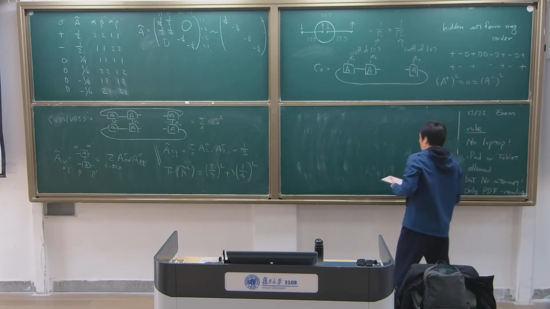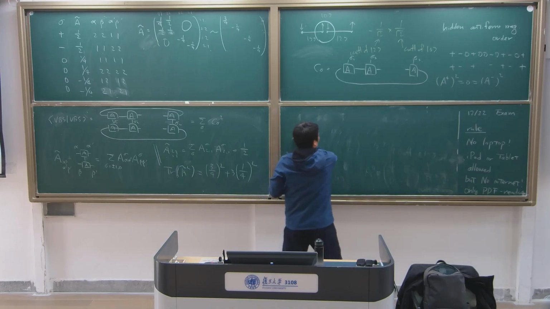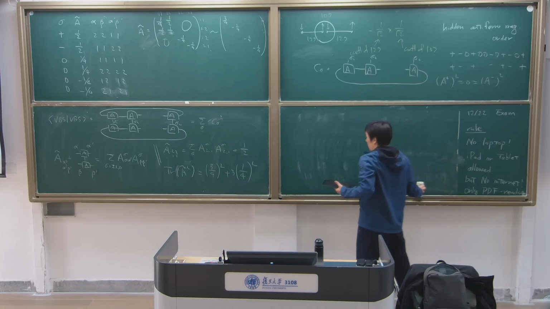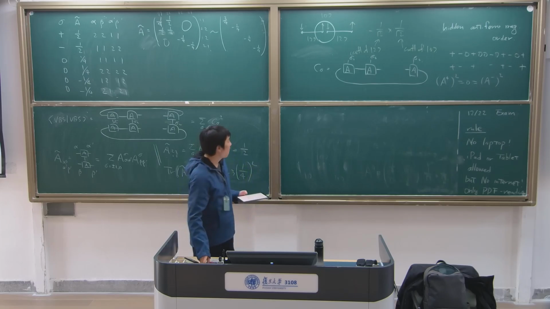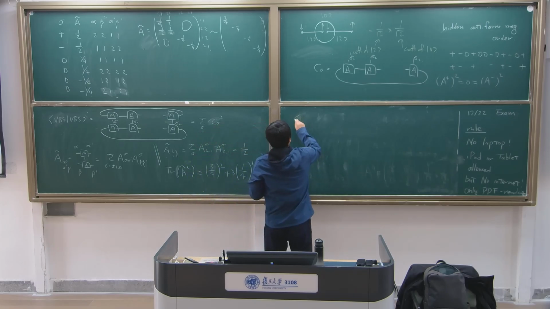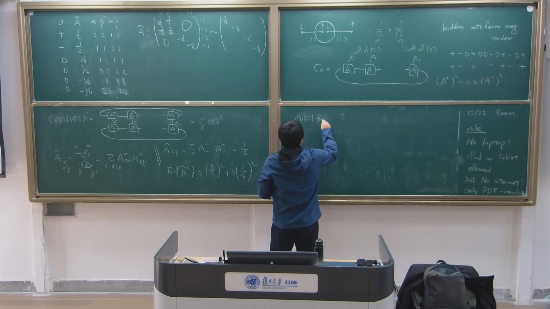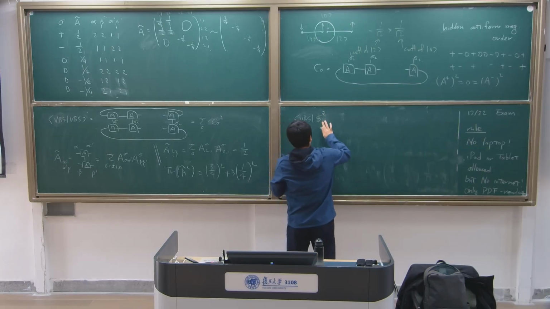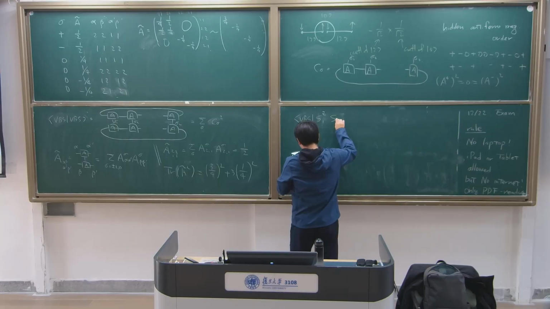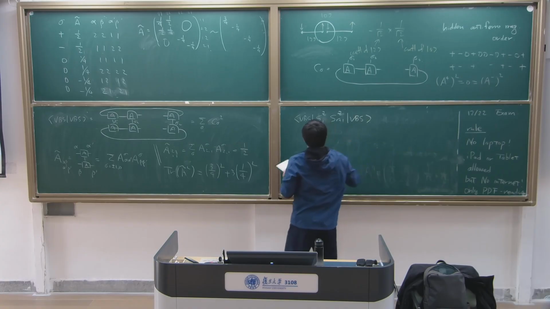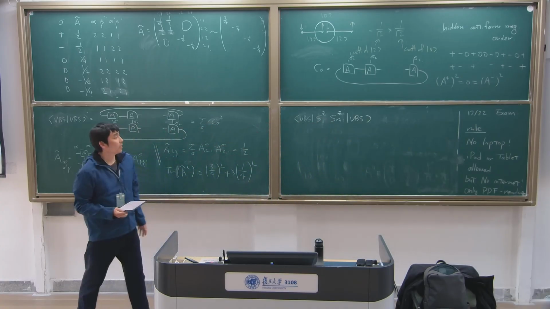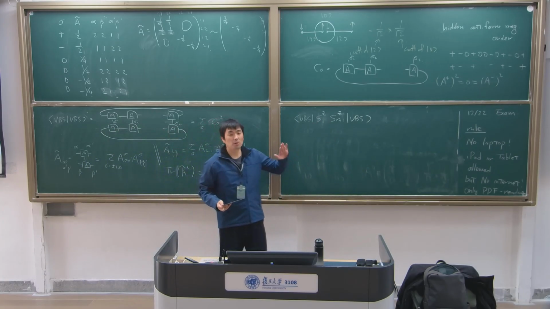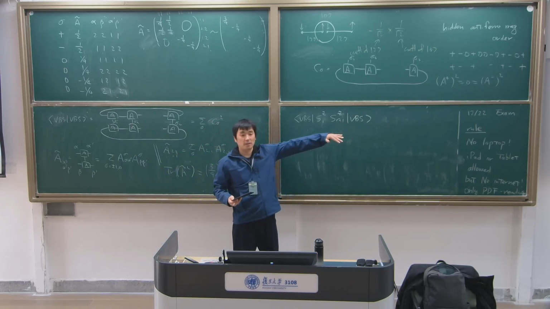So first, we want to compute the so-called correlation function, and then we want to show that this is exponential decay.